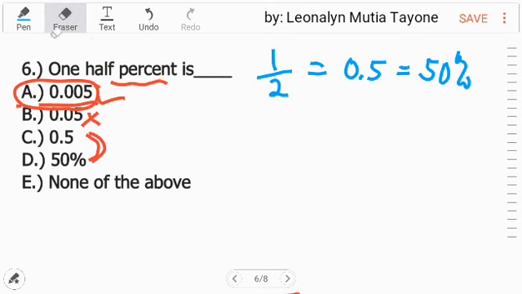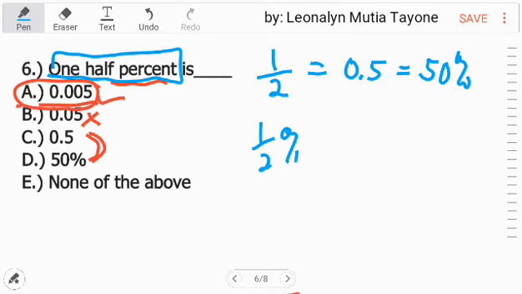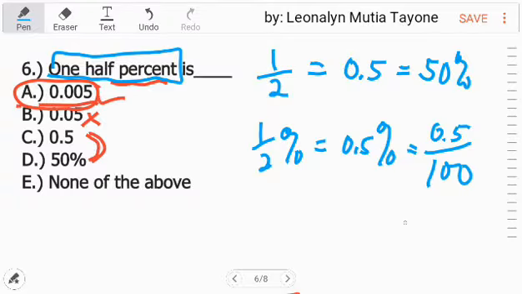But what is here is 1/2%, which is equivalent to 0.5%. If you convert 0.5% into decimal form without the percent, it is the same as 0.5 over 100, and that is 0.005. So the answer here is letter A.